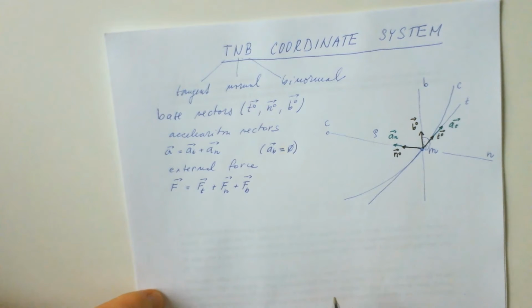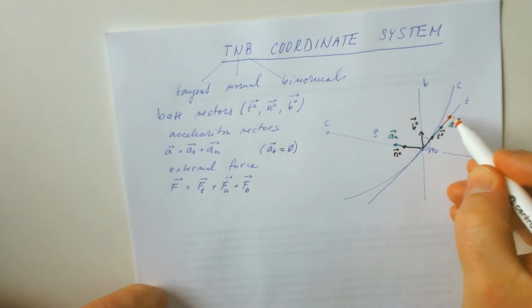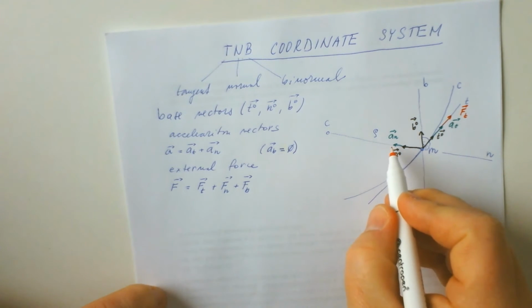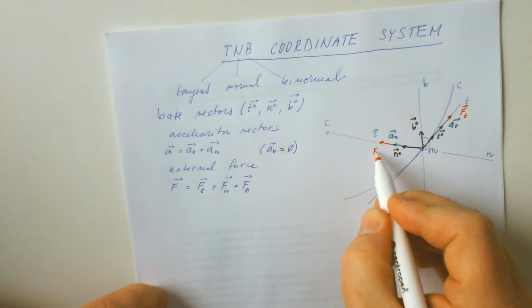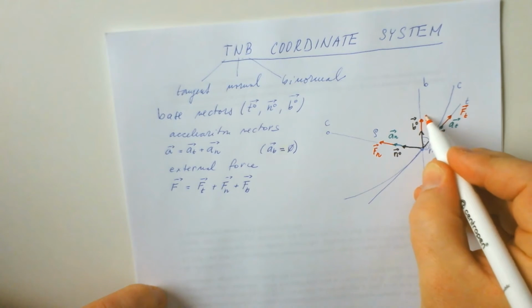Okay, so I can draw it here. This is a tangent component, normal component, and binormal component.